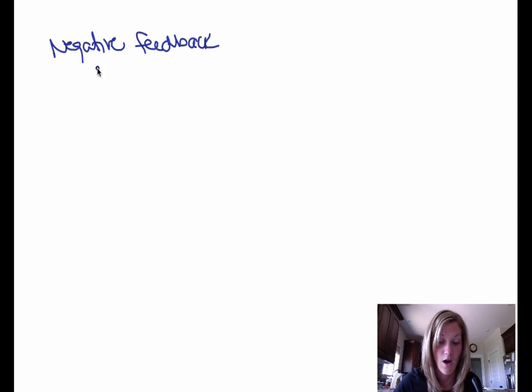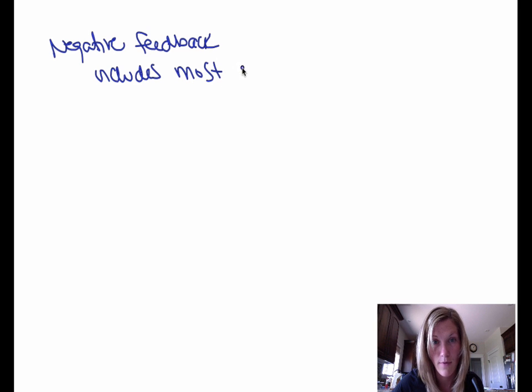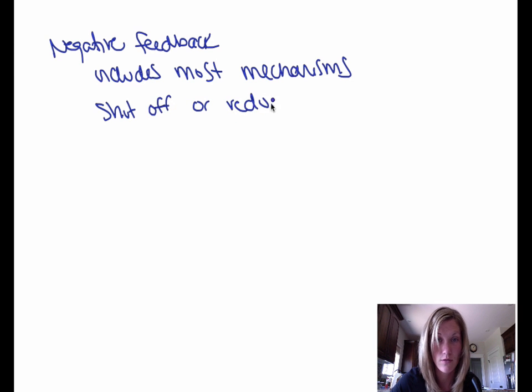Okay, so there are a couple of feedback mechanisms. The most common feedback mechanism is going to be negative feedback, which includes most of the mechanisms. Most of the time when there's some sort of imbalance to homeostasis, your body is going to work to shut off or reduce the stimulus.